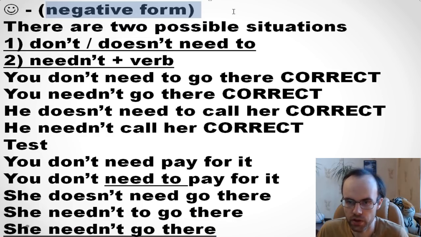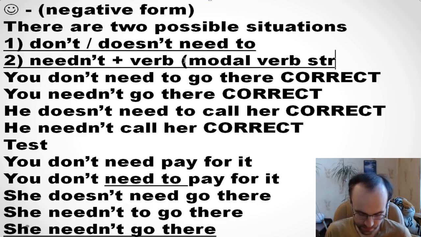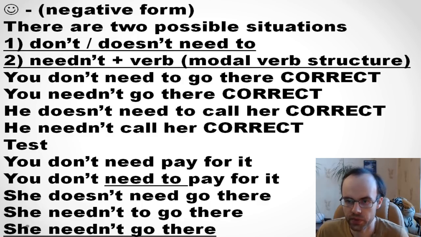So negative form. There are two possible situations. Don't or doesn't need to, or needn't plus verb. And it's a modal verb structure. Good. You don't need to go there.